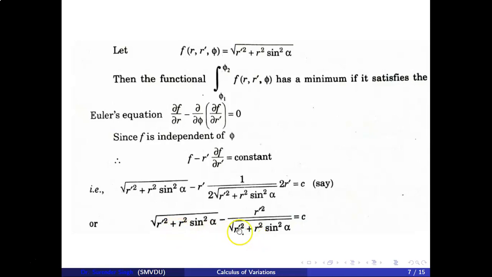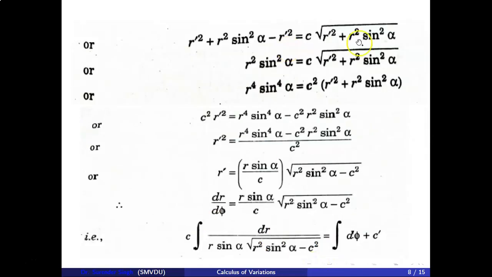Now you get this thing. Now we further simplify this. After simplification, these are simple calculations, and finally you will get it in this form. This is one integral on the left hand side, and on the right hand side this is another integral, where this c dash is the arbitrary constant and c is the constant we have already considered in the Euler equation.